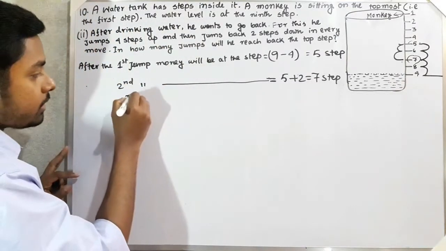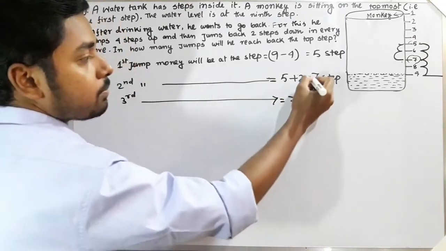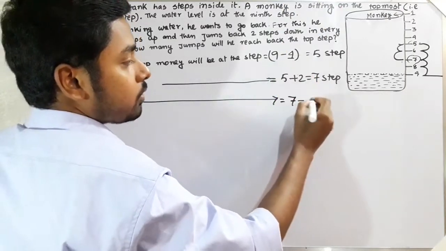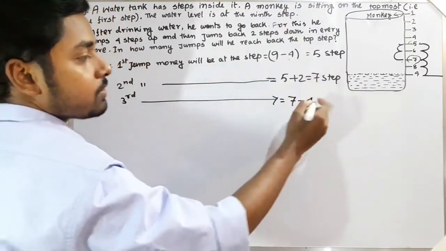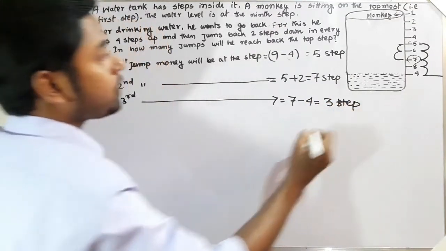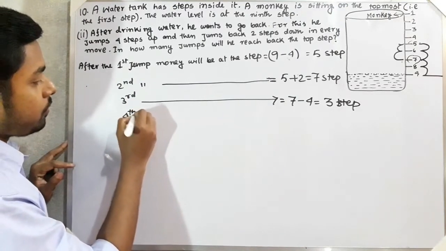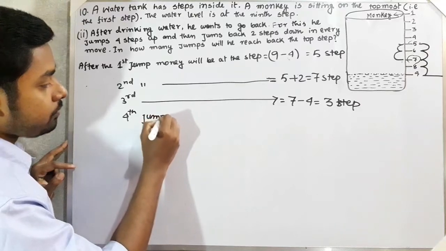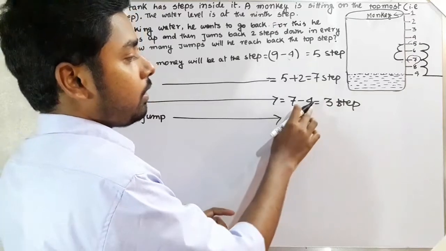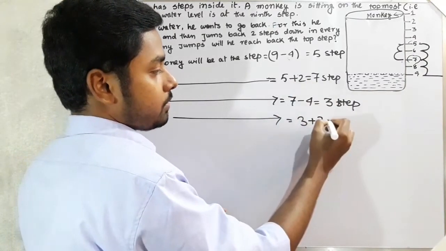So at the third jump, which step will he be at? Third jump. That means he is going up 4 steps. So going up means -4. That means the third step. And at the fourth jump, first of all going up 4 steps and then coming down 2 steps.